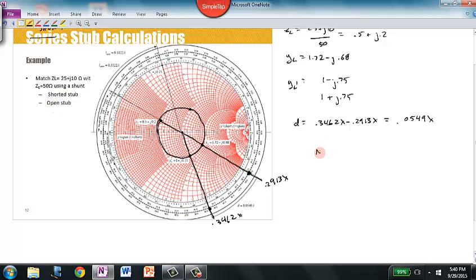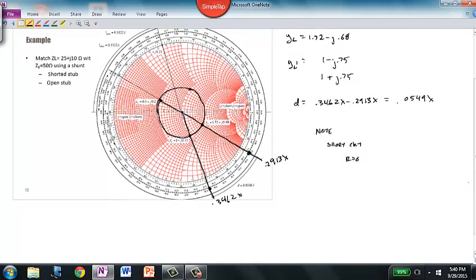I just want to make a little note before I do that. Remember that for a short circuit, the resistance is equal to 0. On an impedance basis, Y is equal to 1 over R, and so 1 divided by 0 is equal to infinity. So a short circuit admittance is equal to infinity. On the Smith chart, the short circuit point on an admittance basis occurs right there, where Y is equal to infinity.